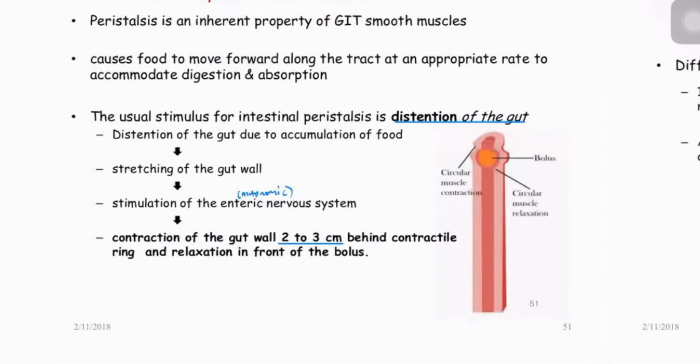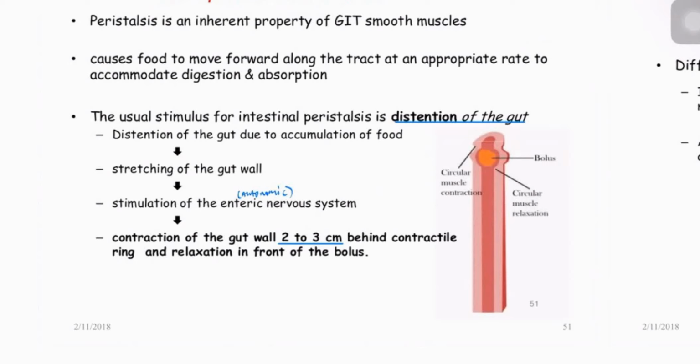So look at this. If there is an accumulation of food, I have the bolus here, then the smooth muscle of your GIT will have the ability to stretch the gut wall to accommodate that bolus. The stimulation of that stretching is your enteric nervous system.